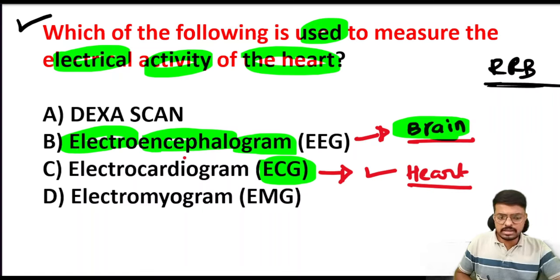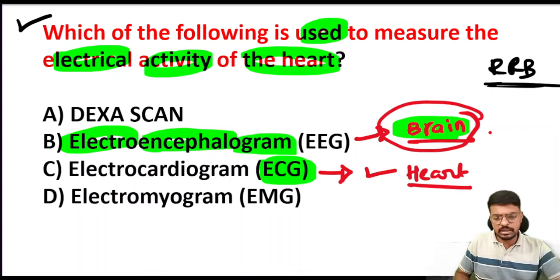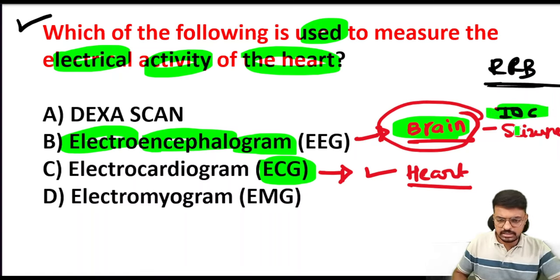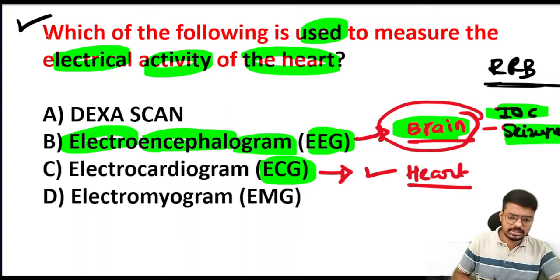So the electroencephalogram means we are checking the electrical activity of the brain. This is the investigation of choice in seizure. So what is the investigation of choice in seizure? That is the EEG.